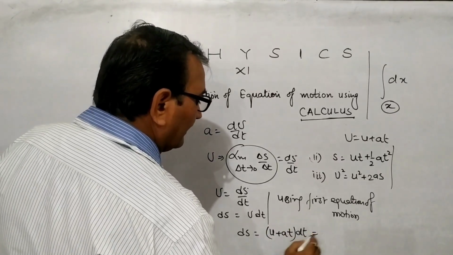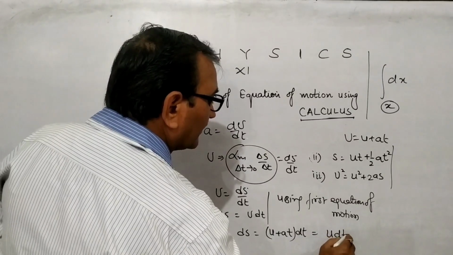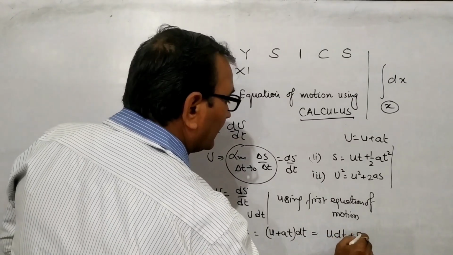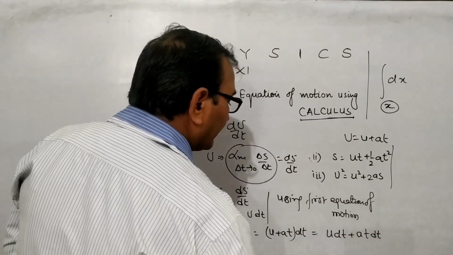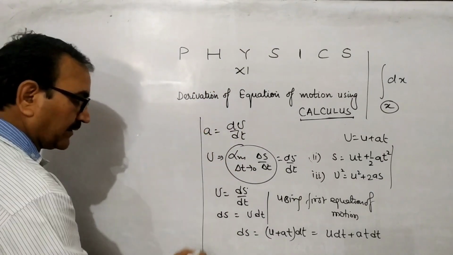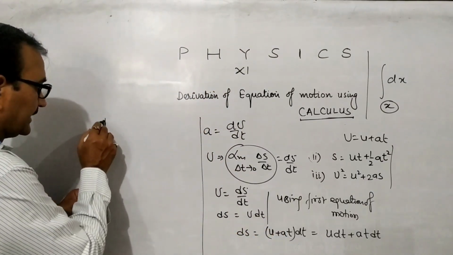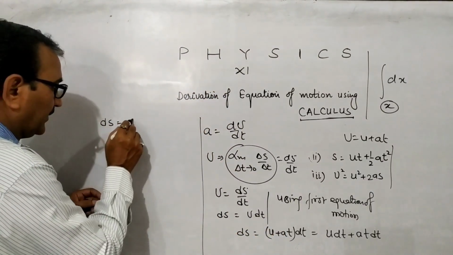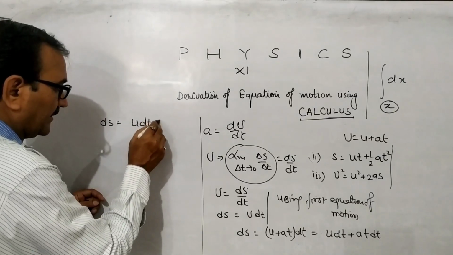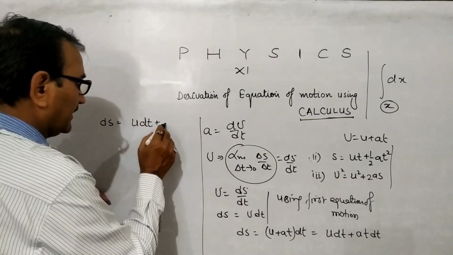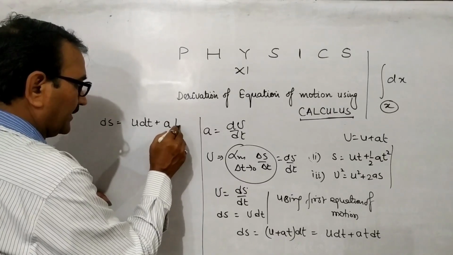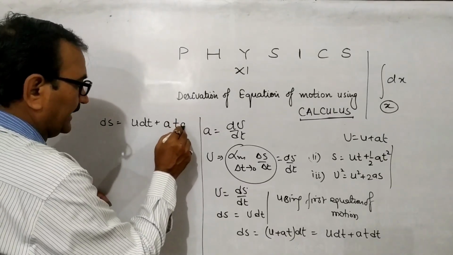Now multiply: u dt plus at into dt. Clear? So here ds is equal to u dt plus, this a is constant, so a, t and dt.